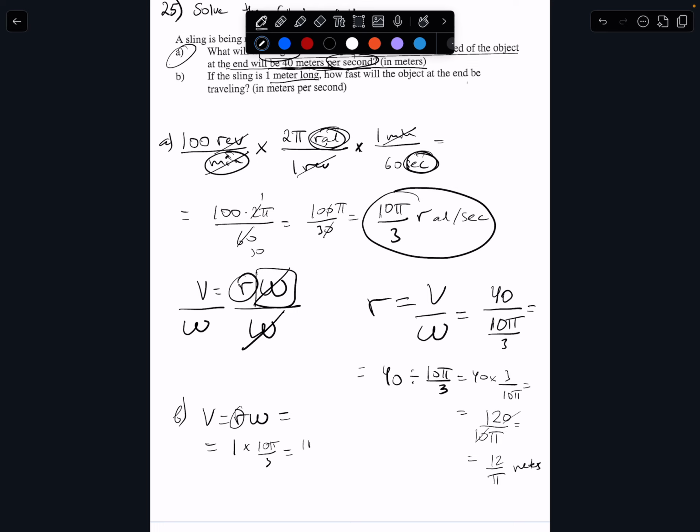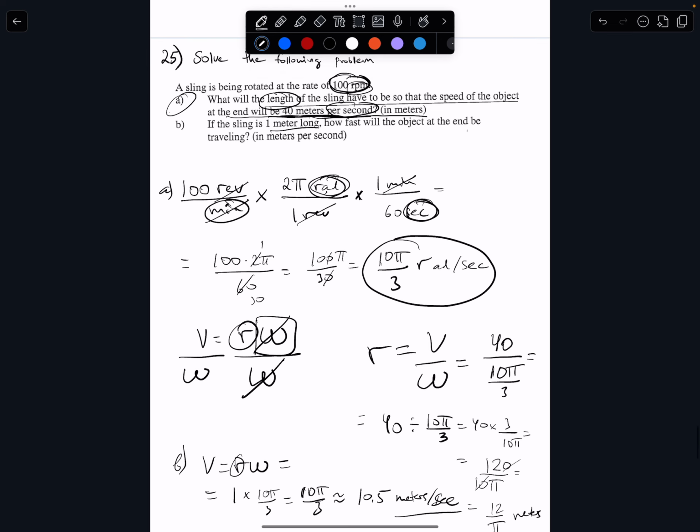So 10 pi over 3 is the answer, because pi is 3.14, it's over 3. Because the number is small, something like 10.5 meters per second, okay?